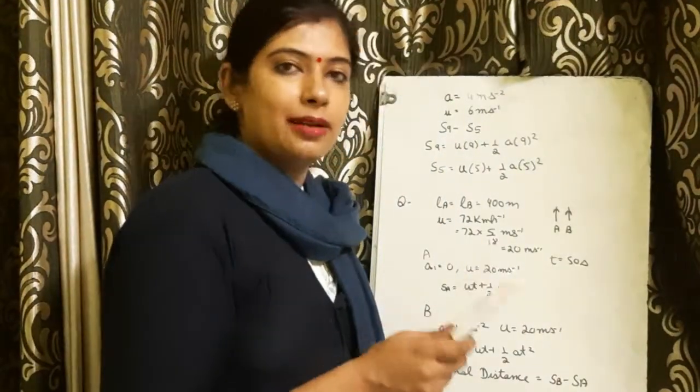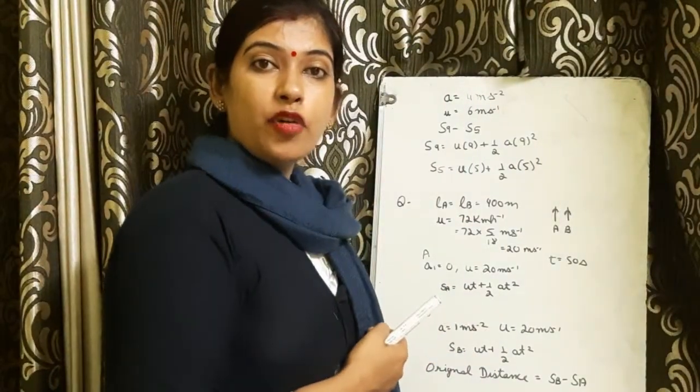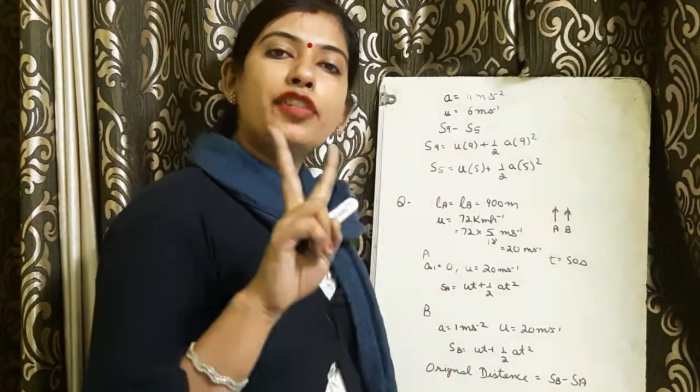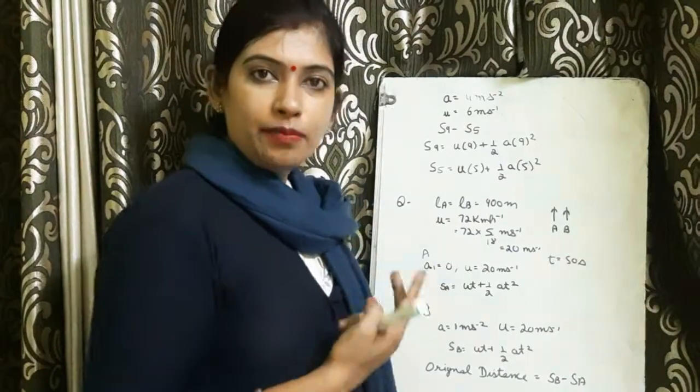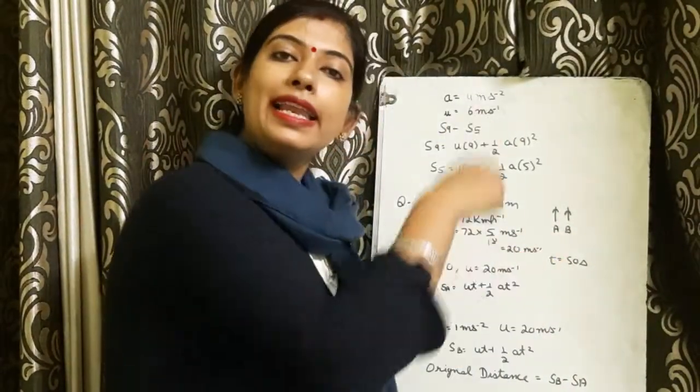Now in the second numerical, which we are going to discuss today, we have two trains A and B. Both the trains A and B are moving on parallel tracks.